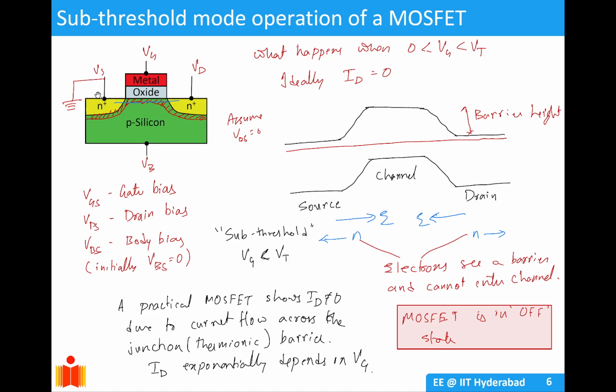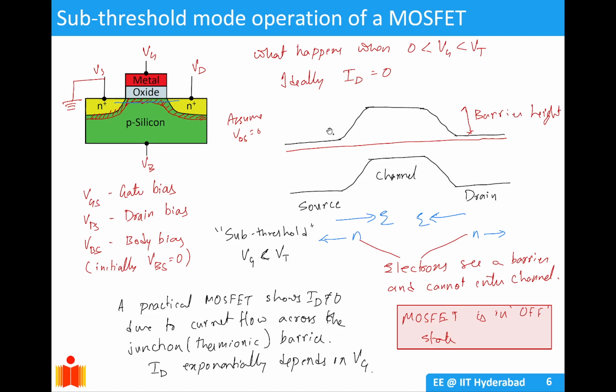If you draw an energy band diagram in this cross section, it will come like this, where your source and drain are highly n-type doped and your channel is p-type. As you apply a gate voltage, this channel shifts below such that it comes in the same line as the source and drain, and that is called the threshold region.